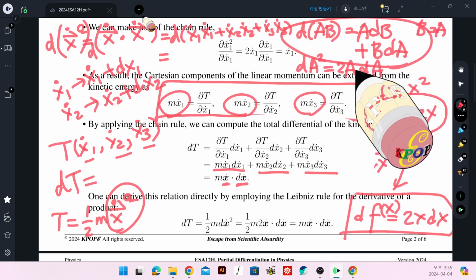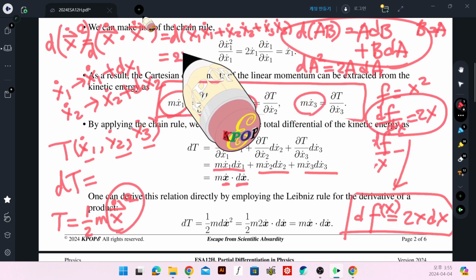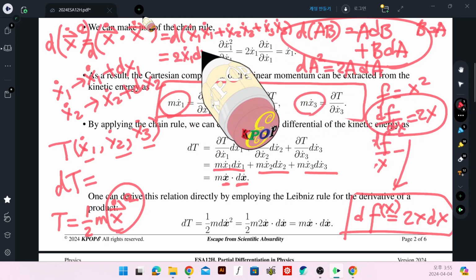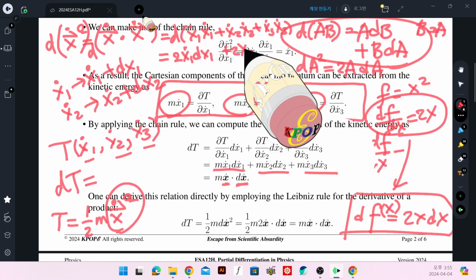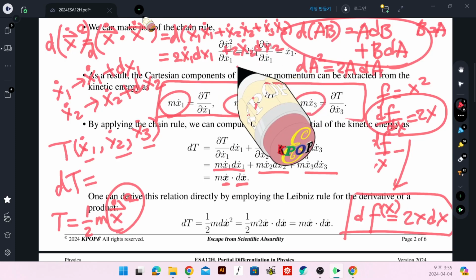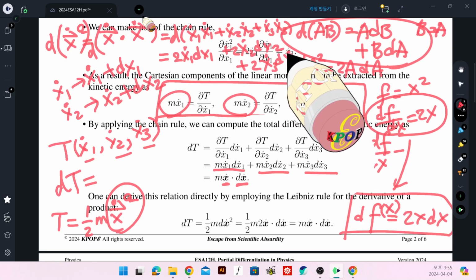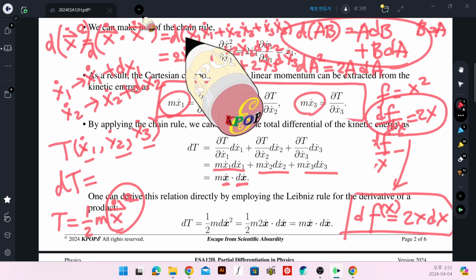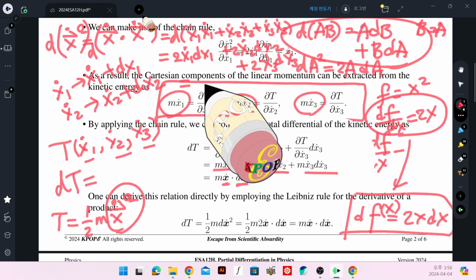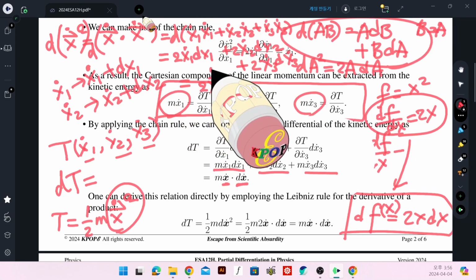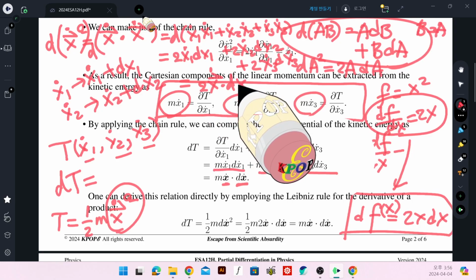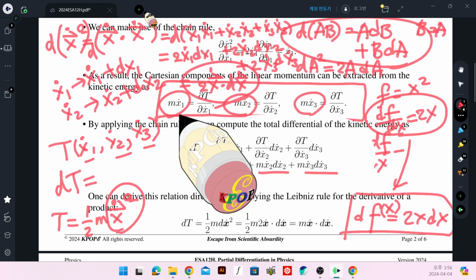In a similar manner, they are all 2 x1 dot dx1 dot, 2 x2 dot dx2 dot, plus 2 x3 dot dx3 dot. And this is a scalar product, so it is 2 times x dot dot dx dot. This is the result.